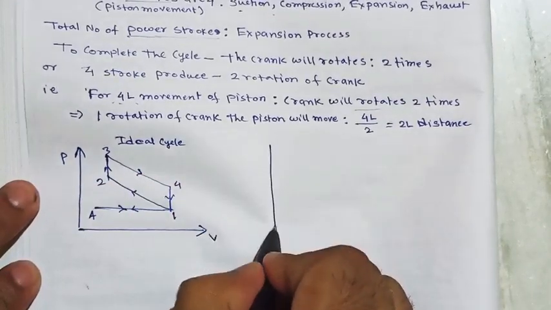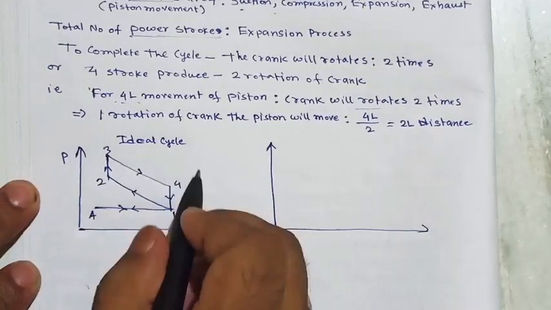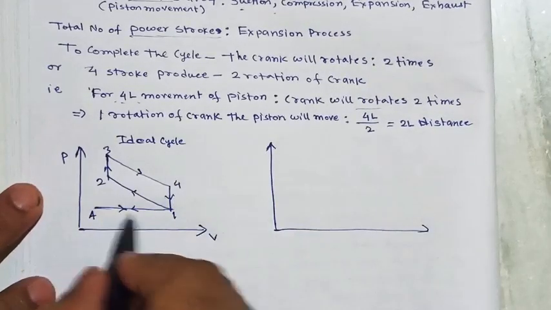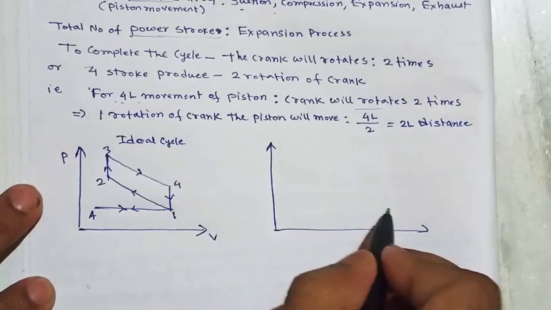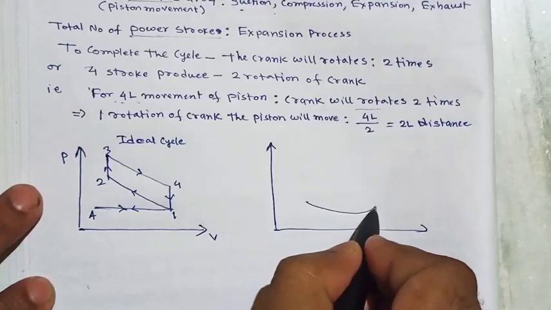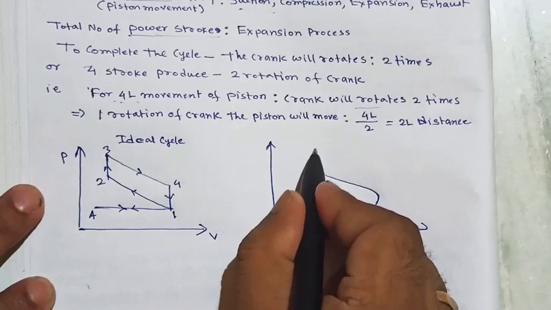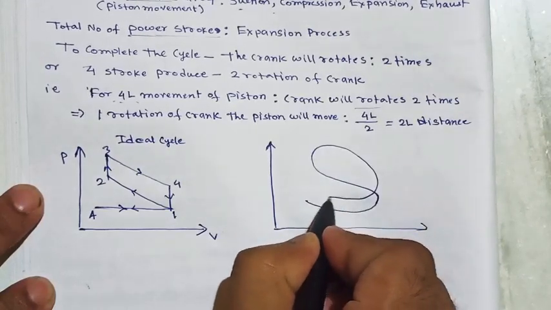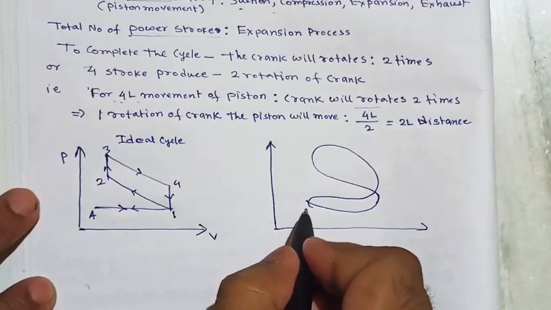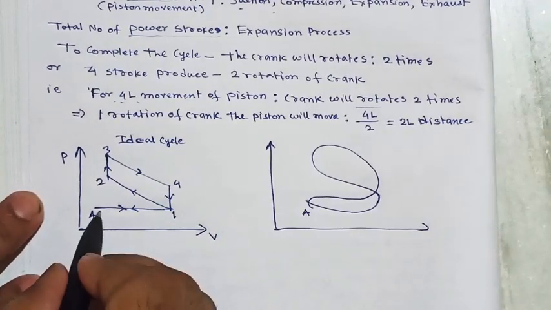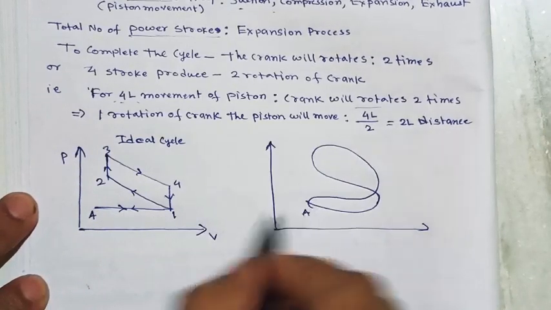Now if we represent the actual process, the actual cycle does not look like that. This is the actual cycle. This is A. This process can never be accurately a straight line, so this will be a curve.